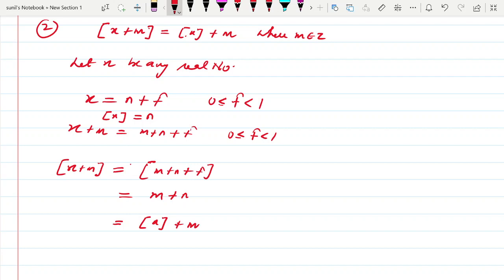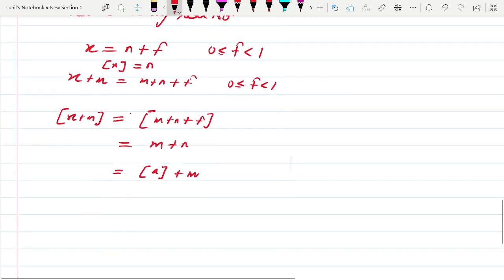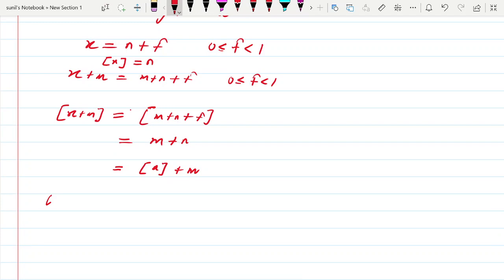Now guys, we have a problem based on this property. The question is, solve bracket x plus 4 plus 2 times bracket x equals 10.